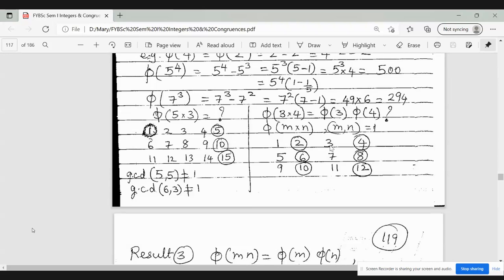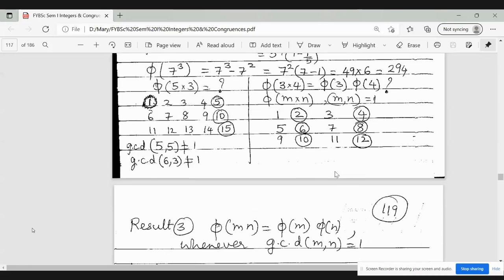There are 2 elements that are relatively prime, and each of these will have, again, 2 elements that are relatively prime to 3. And so you get 2 into 2, 4 elements. So which are the 4 elements? 1 is there, 5, 3 is not there, 7 and 11. Okay, somewhat you have understood, no?